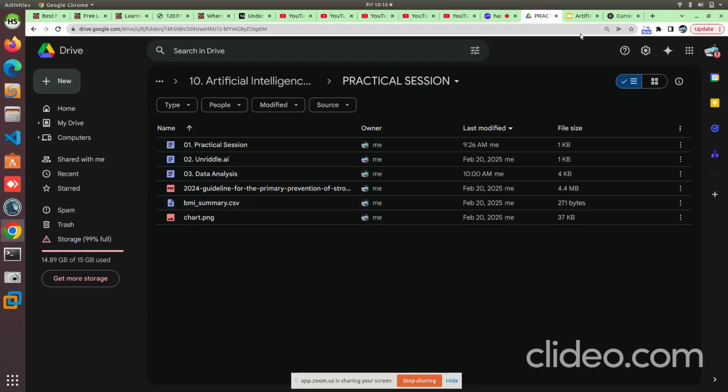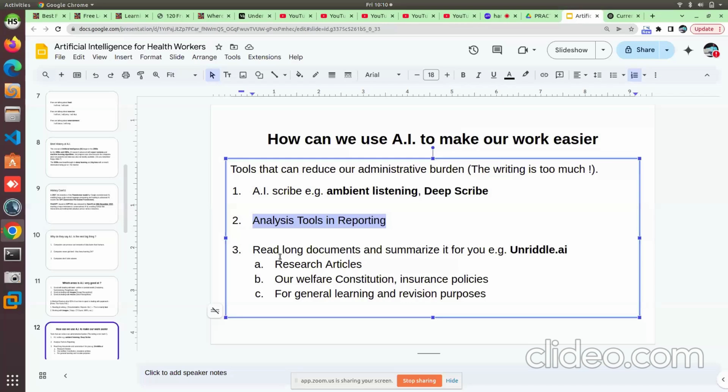So we've looked at ChatGPT, we've looked at Bing, the one from copilot.microsoft.com, and then we've also looked at Unreadable AI. As I mentioned, Unreadable AI can help you with your research article.